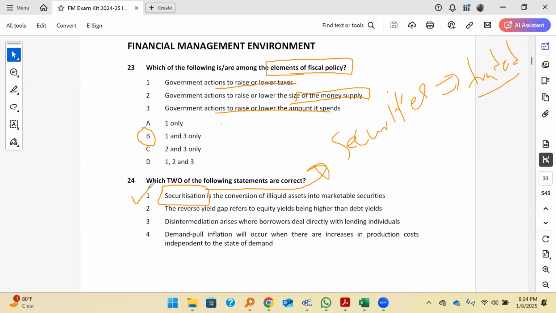Securitization means you get something that was not marketable, something which is illiquid, and you convert it into something that is marketable, that you can trade on the stock exchange, on the money market. Then, the reverse yield gap refers to equity yields being higher than debt yields.